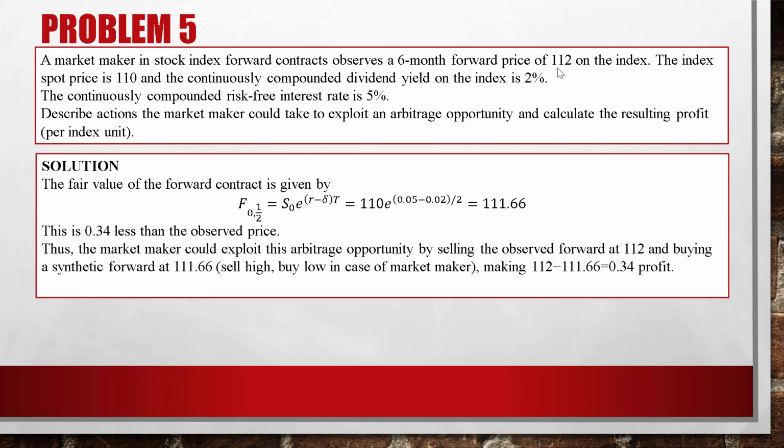We buy low, sell high at the same time, and we make 0.34 profit. The low one is 111.66 and the high is 112. So we sell the observed forward contract to get 112, and we pay 111.66 to get our synthetic forward. So we still have a contract, and then we have 0.34 profit.